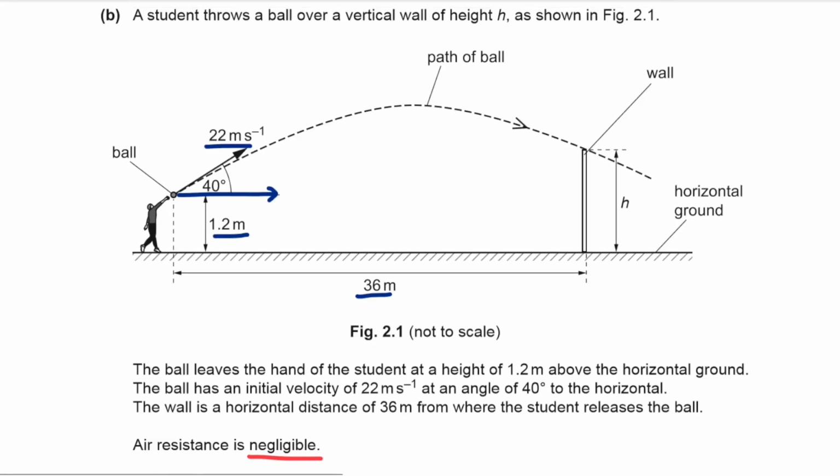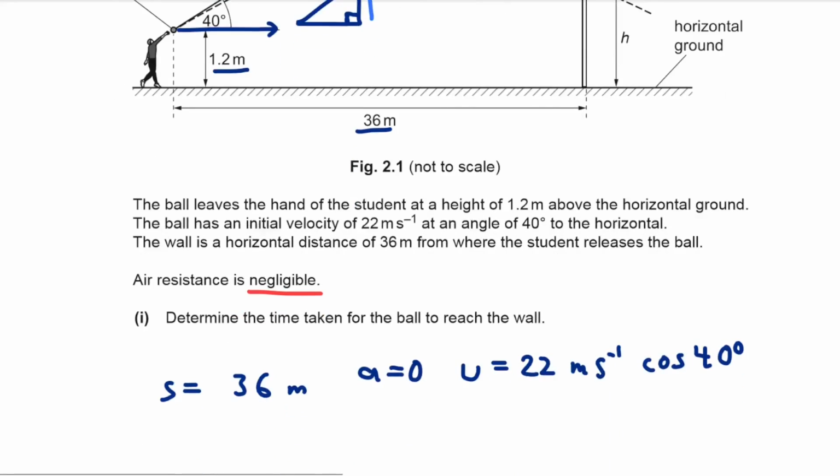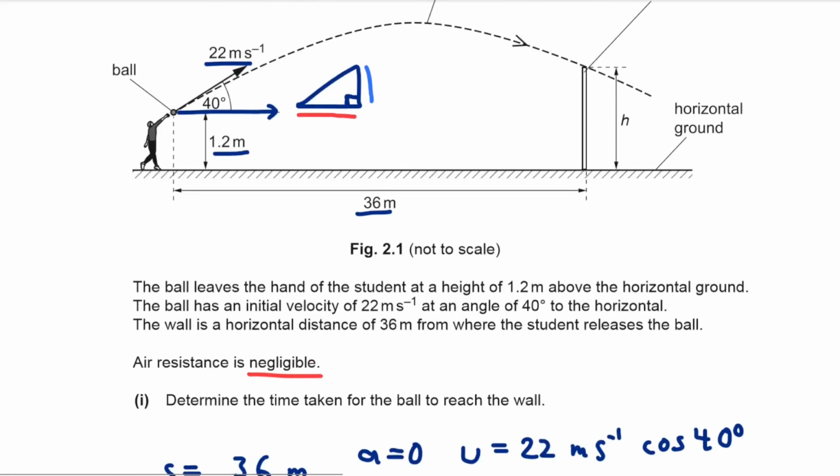Because if we look over here, we basically have a right-angled triangle, and this over here is the opposite. This is going to be the vertical, and this is going to be the horizontal.